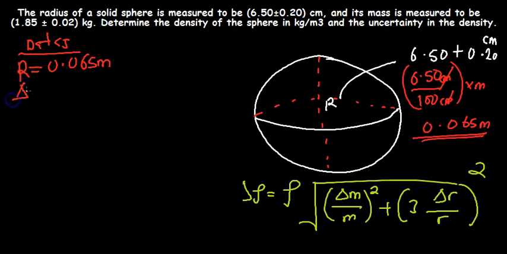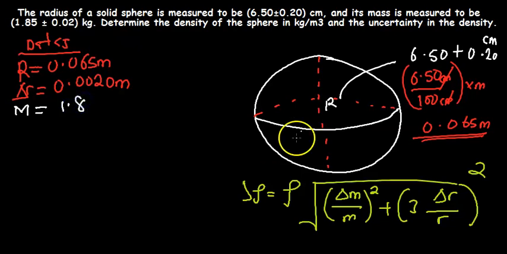What about the uncertainty of the radius? This is going to be dr, which is the same thing as saying 0.20 divided by 100, which is simply going to be 0.0020 in meters. And here we have our mass, which is already in kilogram. We don't need any conversion for that. For the mass, this is simply going to be capital letter M, which is 1.85 in kilogram.